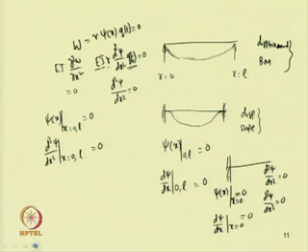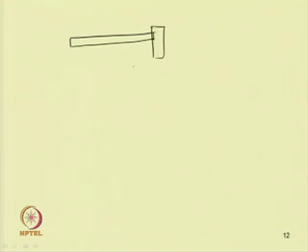So, let us see some more complicated boundary conditions. Let us take one beam, let at this end one have a mass, also let us have mass at both the ends, and this is also supported by some spring and damper.